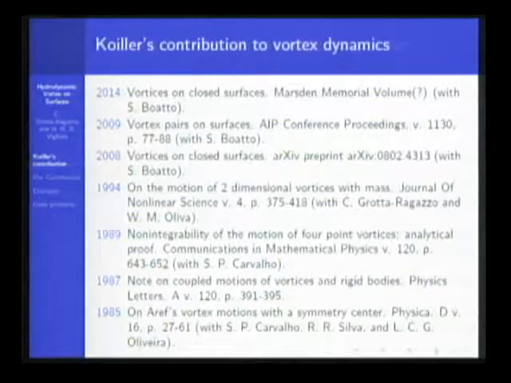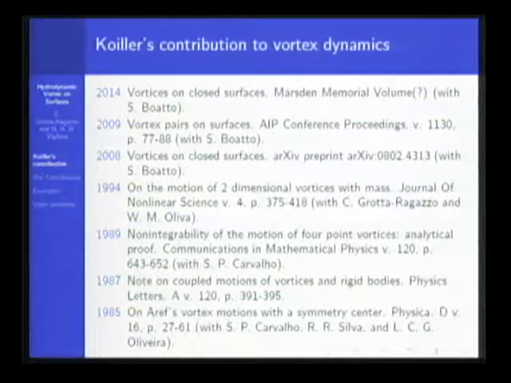Now I will move to the contribution of Jair to this field. It starts in 1985, with 3 papers, 85, 87, 89, on vortex on plane, systems of vortex, in fact.